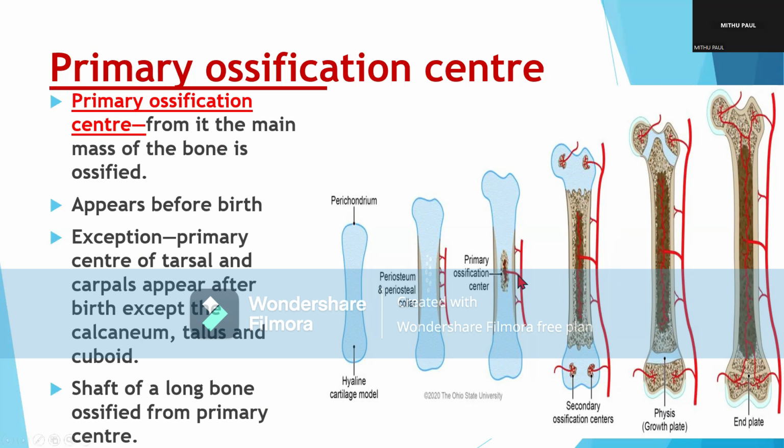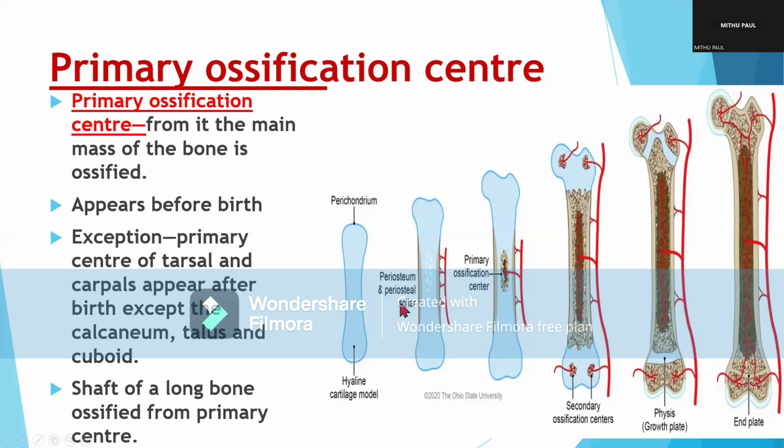So these are the primary ossification centers, from which the shaft of the long bones develops. Later, after birth, at later ages, additional ossification centers also appear at the ends, and they are known as the secondary ossification centers. Both the primary and the secondary ossification centers contribute to form the adult configuration of the bone.